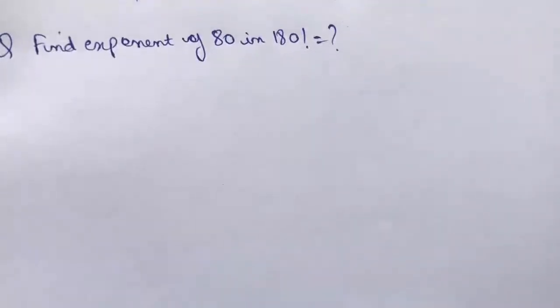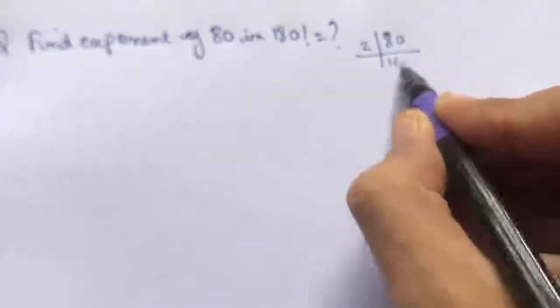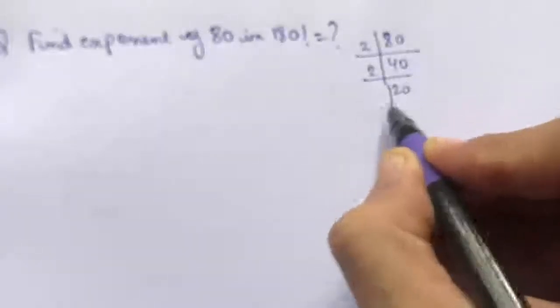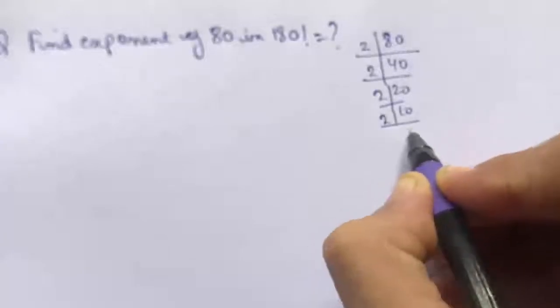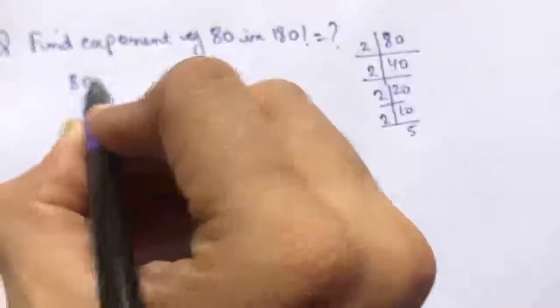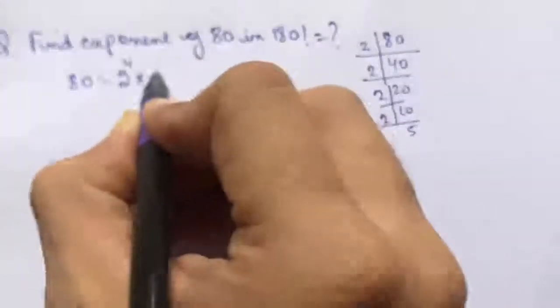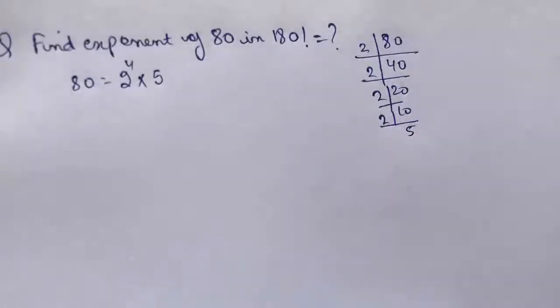If the question involves a composite number, what we need to do first is make the prime factors of that composite number. Means we'll divide 80 by 2: 40, 20, 10 and 5. Hence 80 is equal to 2 raised to the power 4 into 5.